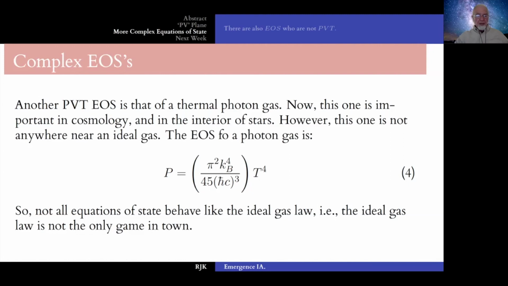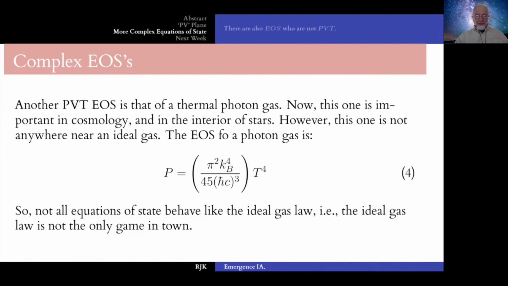For a photon gas, the pressure is just a constant times the temperature in absolute degrees Kelvin raised to the 4th degree. And you can see the constant is complex here.